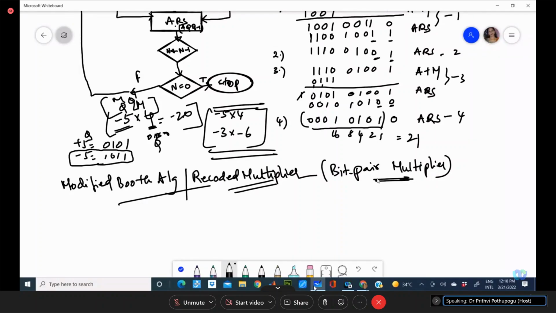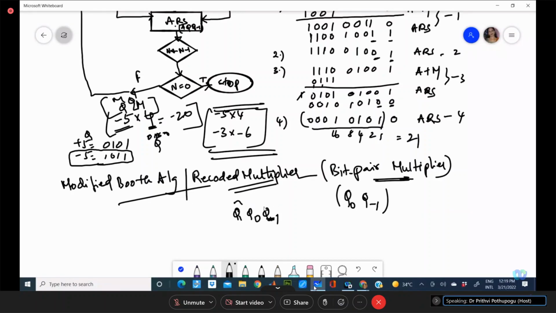Here, the difference is, for the previous one, we have taken only Q0 with Q minus 1. That means 2. But here we try to take 3 bits together. It's not only Q0, we try to take Q1 also. Q1, Q0, Q minus 1. And we see that it is a bit pair we are saying.